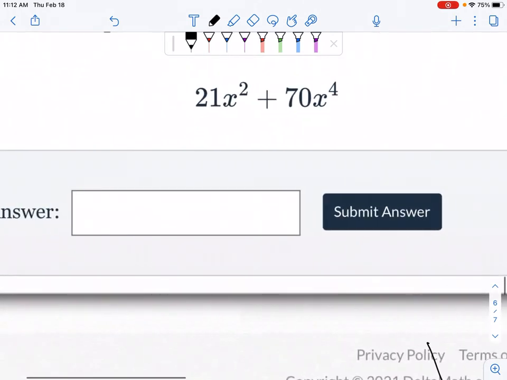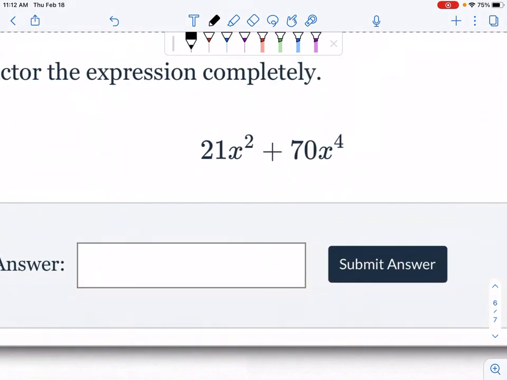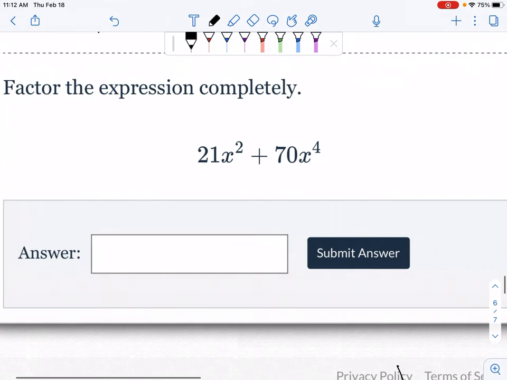All right, last couple examples. So for this one, 21 is smaller. And we're going to be able to pull an x to the 2nd out because we can take our smaller variables. So I already know here x to the 2nd. Maybe I don't know what the easiest way to do this is.